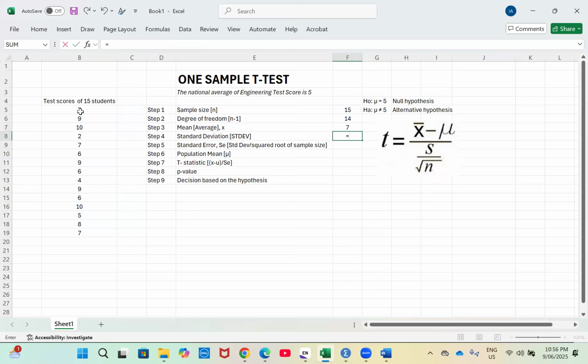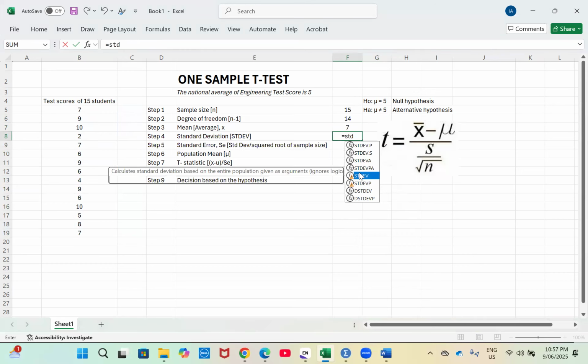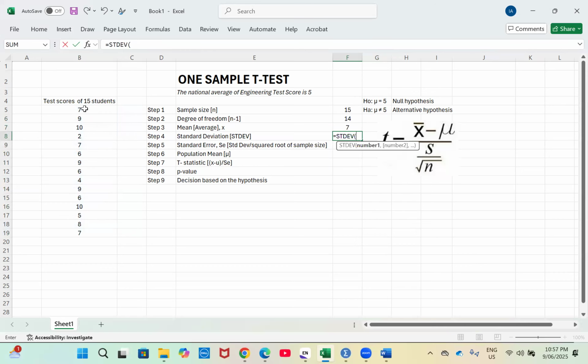Now we can also determine the standard deviation of these 15 sampled scores. To get that, we use STDEV and look for the standard deviation of these students. And then we can go ahead and find the standard error.